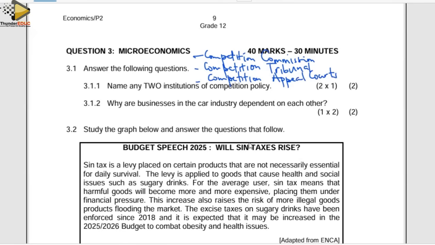Right. Then the next question says, why are businesses in the car industry dependent on each other?